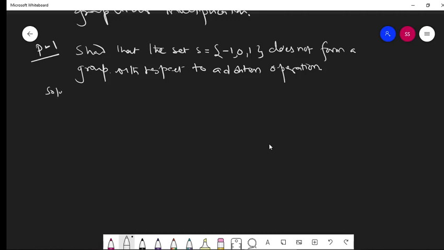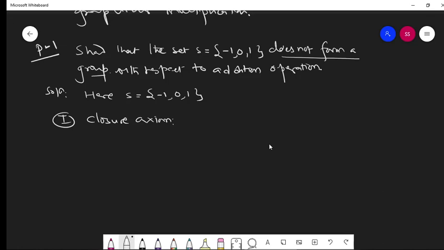Now the operation is the addition operation. So for the solution, we have to verify that it does not form a group. Here the given set is {-1, 0, 1}. Firstly we have to check the closure axiom.